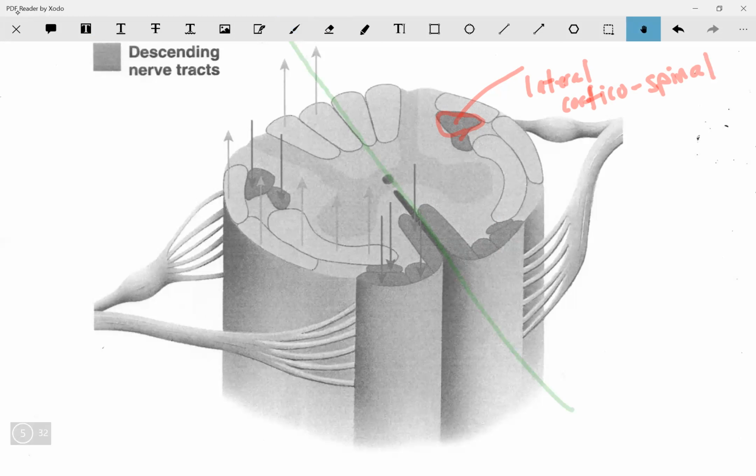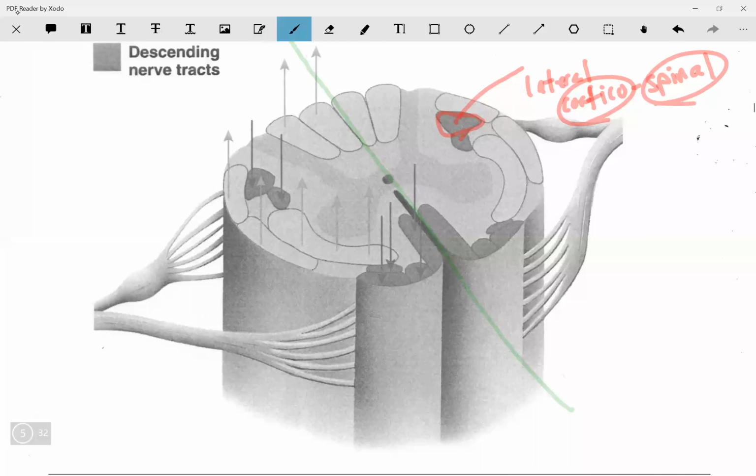Okay, now the word cortico, cortex, is letting you know this is motor because it's brain to spinal cord. Okay, so the corticospinal.